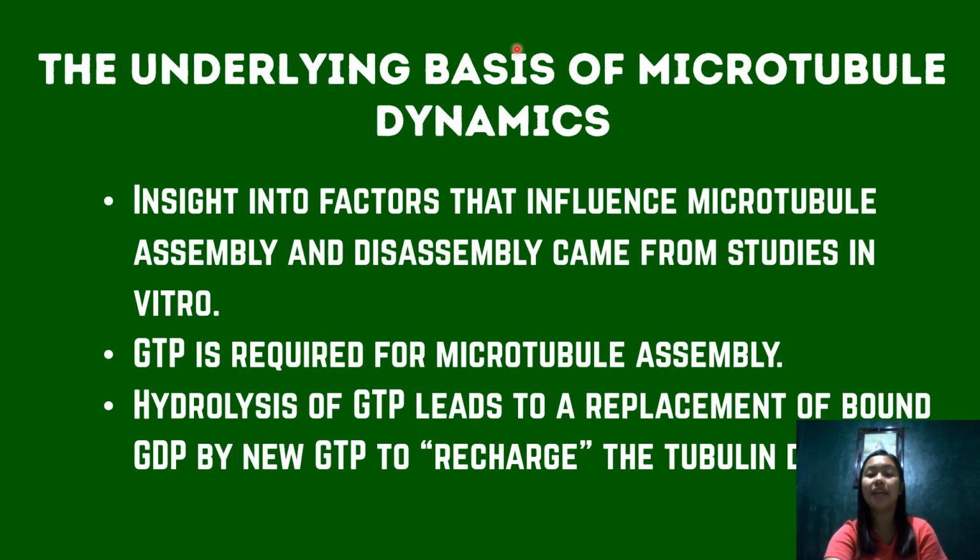So, ang GTP ay mahalaga para sa pag-assemble ng microtubule kung saan ang beta-tubulin ay kumikilos bilang GTPase. So, ano nga ba ang GTPase? Ang GTPases ay large family of hydrolase enzymes that bind to the nucleotide guanosine triphosphate or GTP and hydrolyze it to guanosine diphosphate.